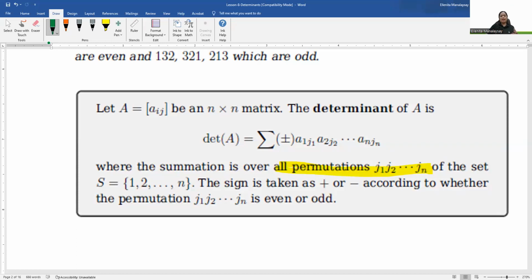Okay, the sign is taken as positive or negative according to whether the permutation is even or odd.